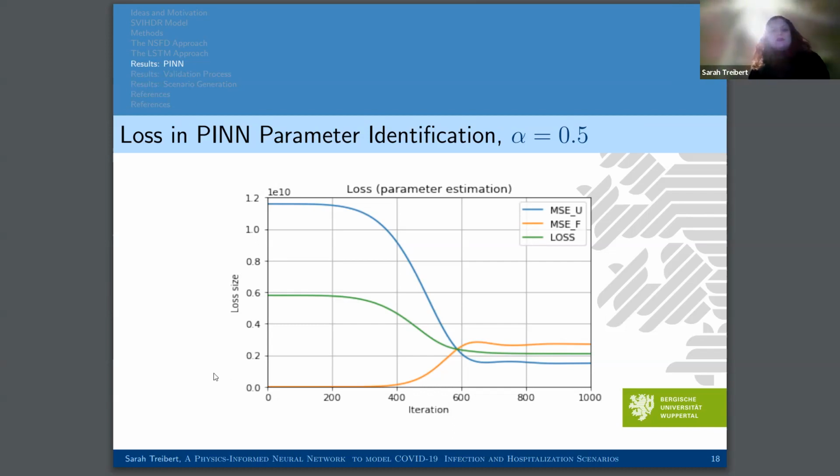Now this figure displays the trends of the errors, MSE_U, which is the data error, and MSE_F, which is the residual error, with alpha equaling 1/2 in 1,000 observed training iterations of PINN for parameter identification. As I said, this alpha influences the loss function in a way. Why is the loss function so big? You don't normalize your data? 10 to the 10, I've never seen such a big loss function.